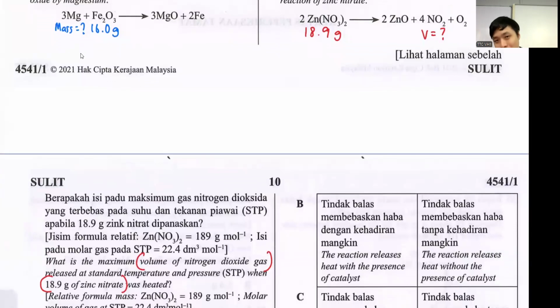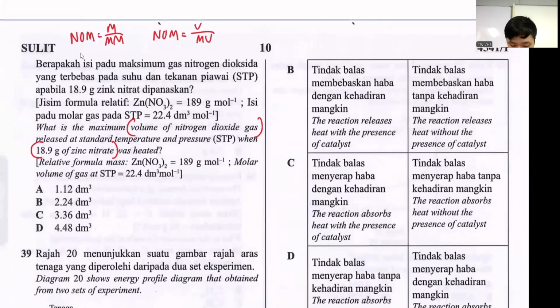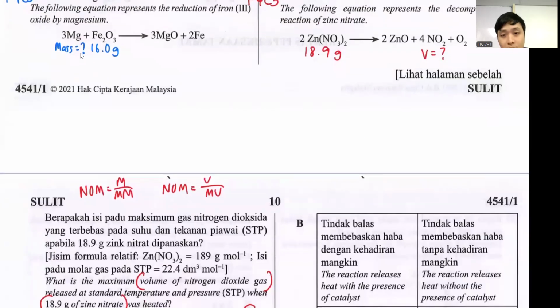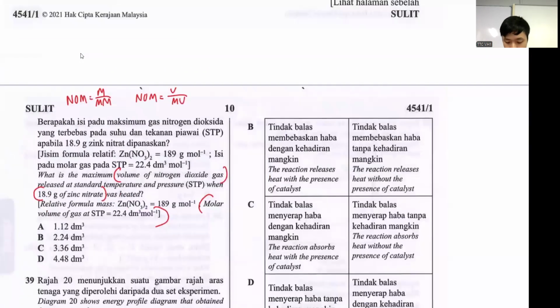So again, 3 steps. Find number of mole using mass over molar mass. Second, do mole ratio, zinc nitrate to nitrogen dioxide. Third, find the volume using molar volume, so you use volume equals number of mole times molar volume. First step, same thing.